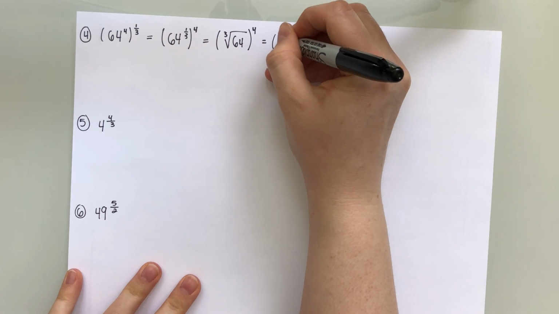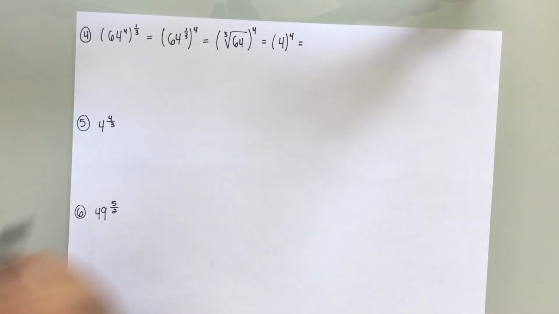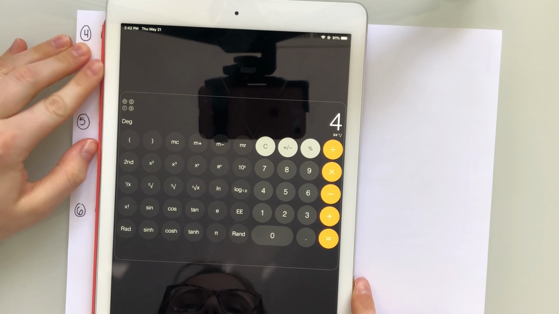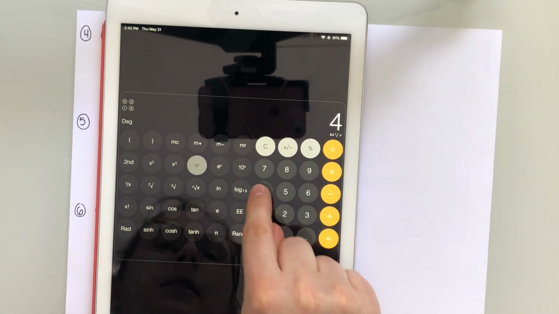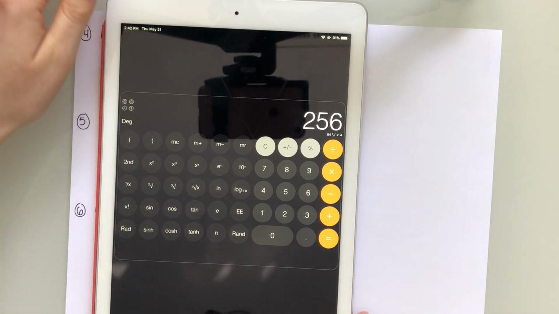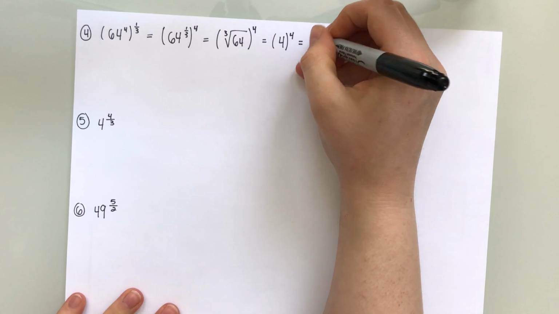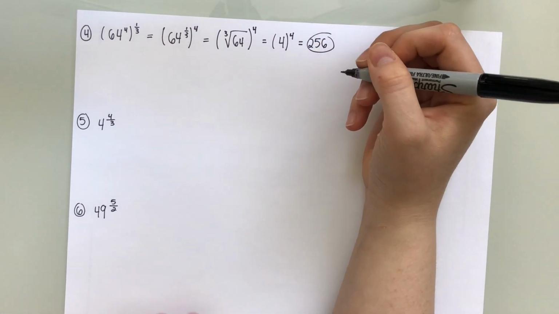So this is 4 to the power of 4. And now we need to use our calculator again to figure out what is 4 to the power of 4. So we already have 4 in there, so we just need to type in that x to the y button and then 4. And 4 to the 4th is 256. That is our final answer.